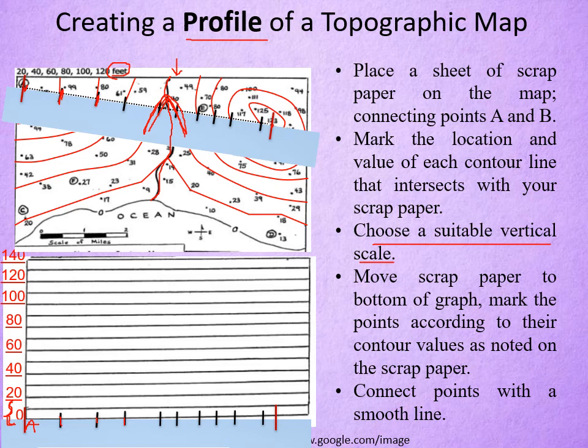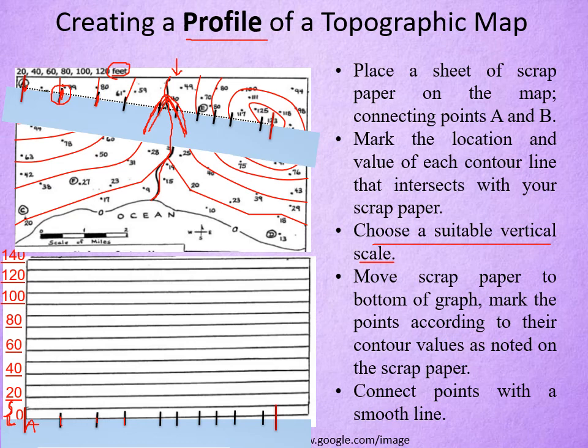So now when this scrap paper is plotted, this is my one point indicating a contour, indicating a height, an altitude value. What is the altitude value of this point? The height of this point is 100 feet.